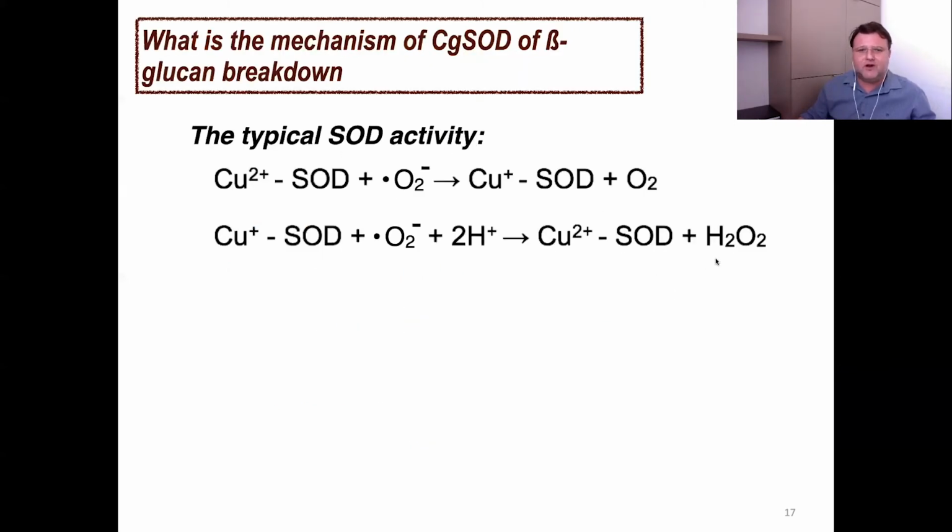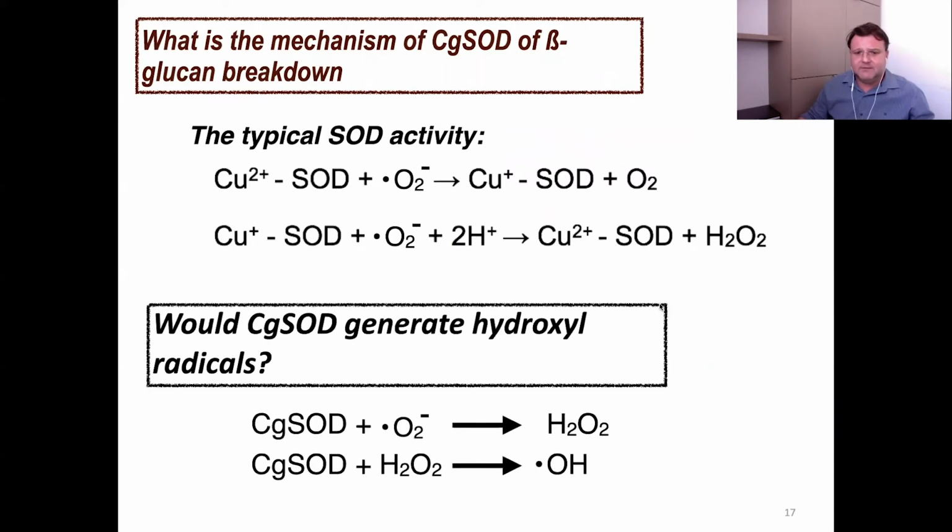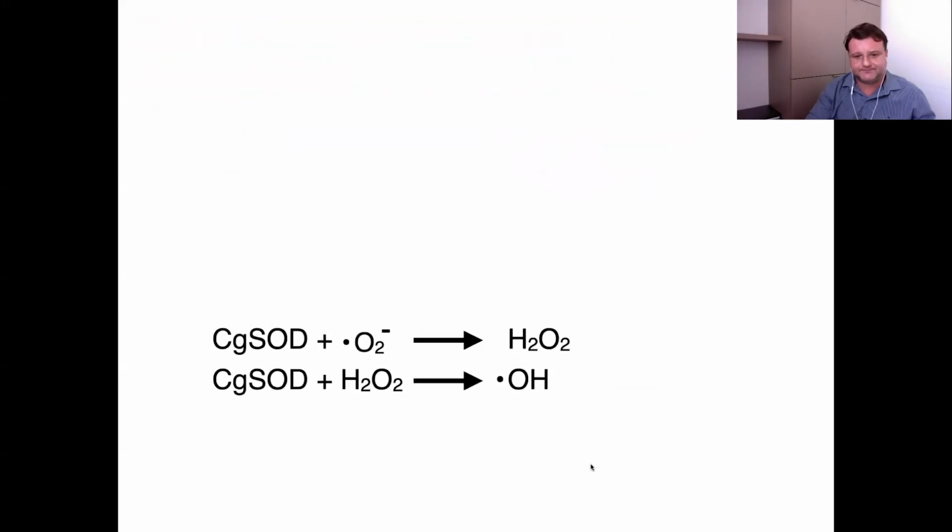So that's the typical superoxide dismutase activity. We would expect that a typical superoxide dismutase would release hydrogen peroxide. But to explain this activity on cellulose polymers, we would expect that the enzyme be able to produce hydrogen peroxide.